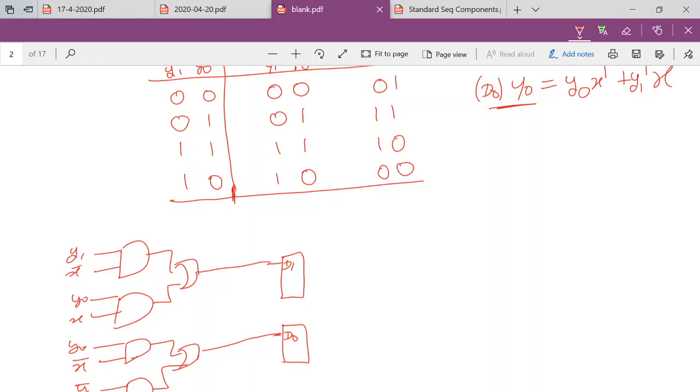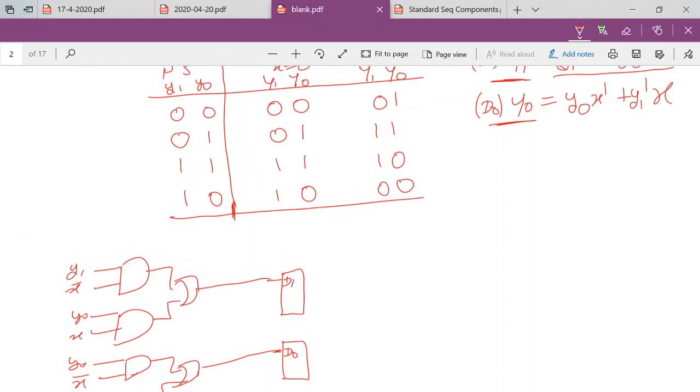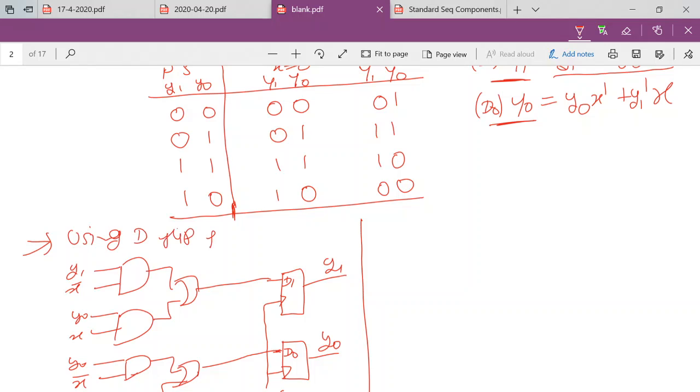We have implemented the combinational network for the inputs of D1 and D0, and there would be a common clock signal to both flip-flops, and this would be your output, y1 and y0. This is using the delay flip-flop, but our task is to understand how we can do it with the register.